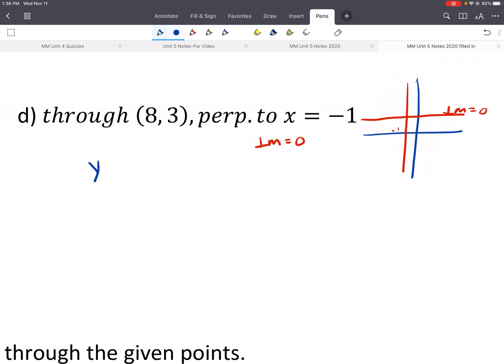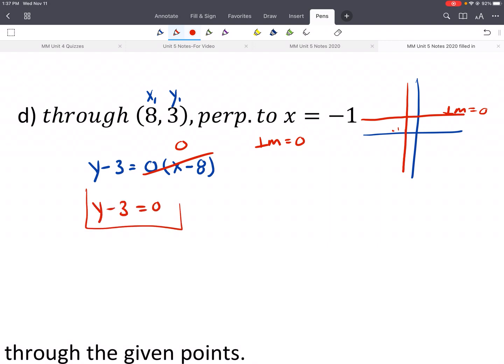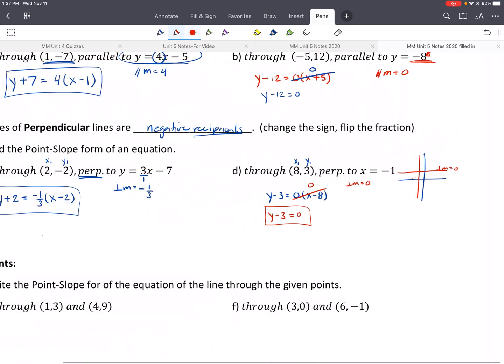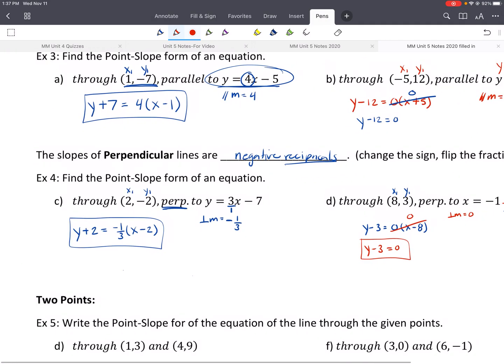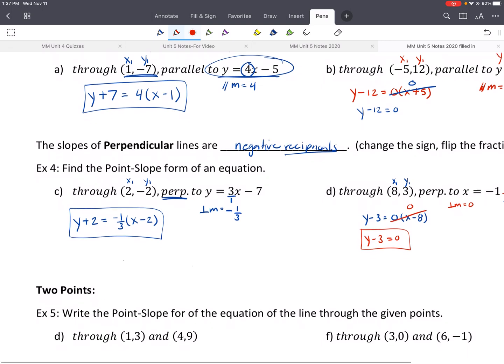We'll do y minus y1 is equal to our perpendicular slope, 0, times x minus x1, which would be minus 8. This is very similar to what we did before. This whole thing would be 0, so we'd get y minus 3 is equal to 0. Okay, but most of your problems will be like these A's, 3A and 4A.